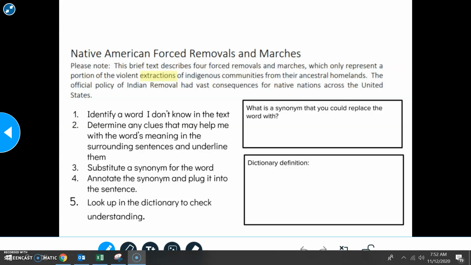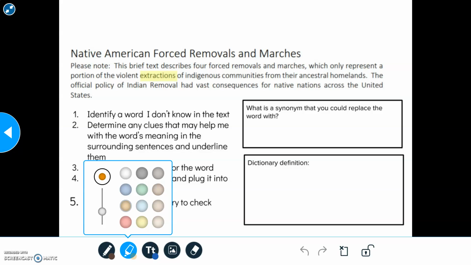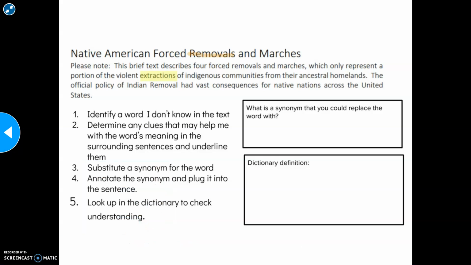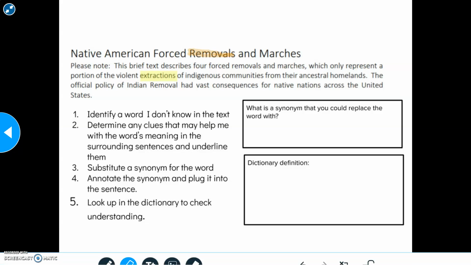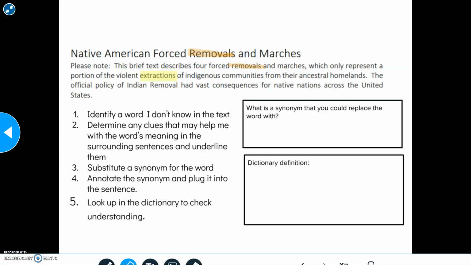So I feel like there are definitely words within this sentence that are going to help me. So I'm going to grab my highlighter tool and highlight them. A word I see that I think is going to help us understand the meaning of the word extraction is the word removal. And I've seen this repeated throughout the paragraph, and then we see the forced removals, right?